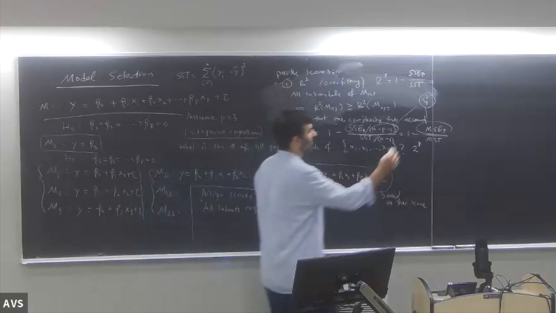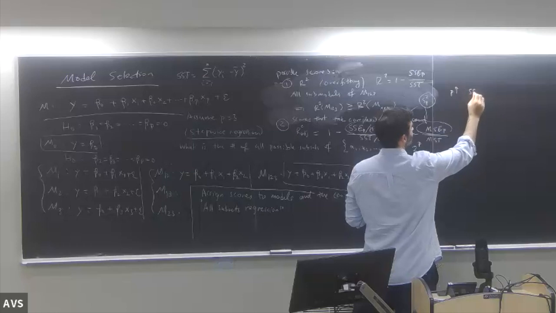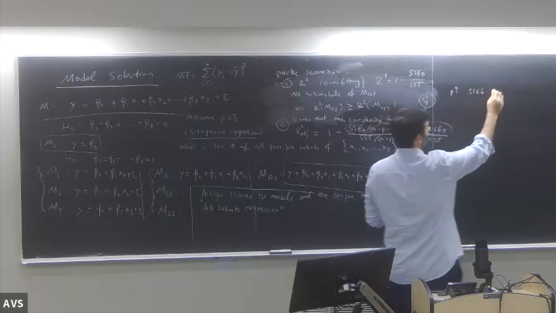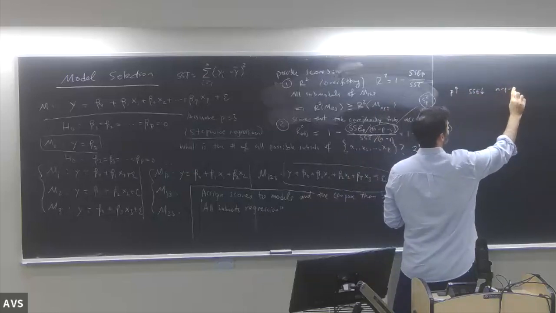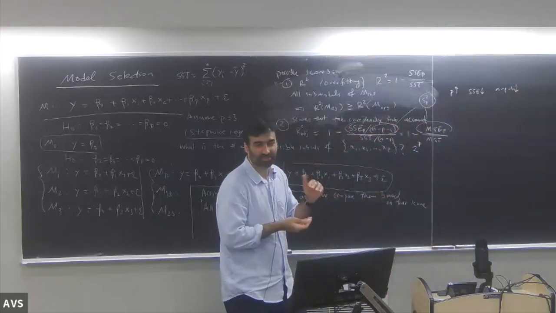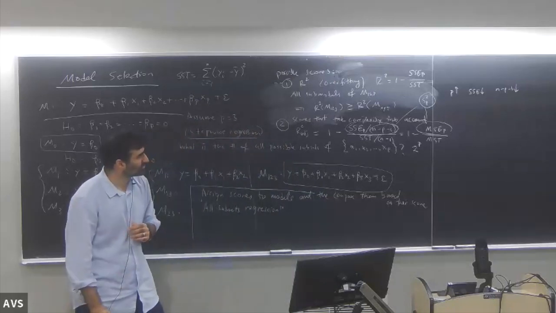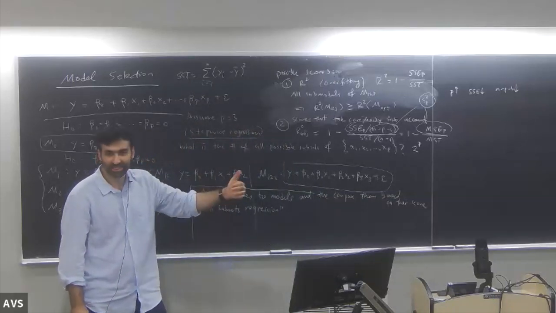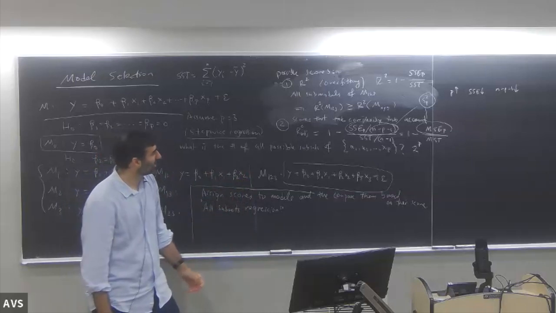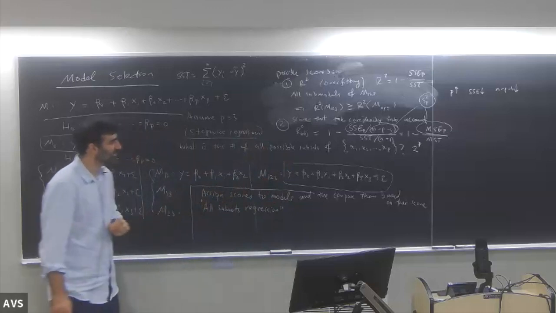So as p goes up, potentially SSE goes down, but n minus p minus 1 also goes down. And so the ratio is not necessarily going to go down. Especially when p approaches n, this gets very small, and so this blows up. So you're going to discount a larger model.